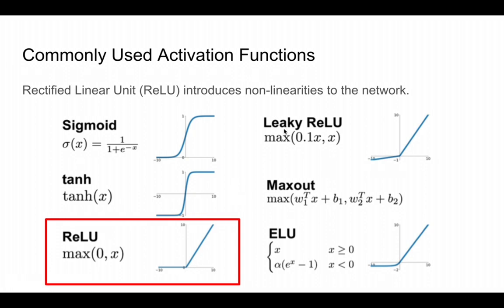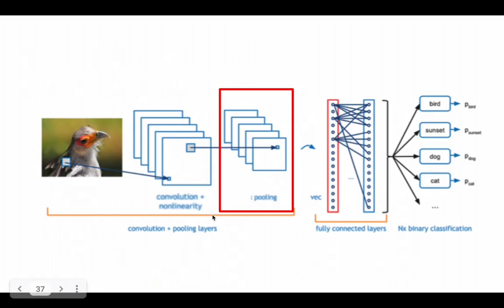We also have the leaky rectified linear unit, maxout, or ELU. ELU is interesting. It guarantees that all the numbers will be differentiable. After introducing the convolution nonlinearity, we can talk about pooling.